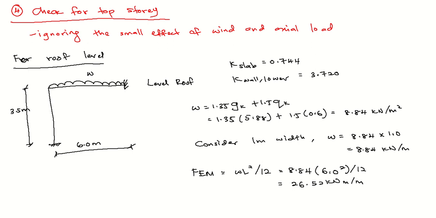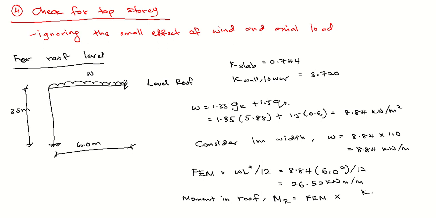Next, normally we will distribute the moment, right? For the moment distribution, moment in roof equals to the FEM times the K for wall. For this case, we have just the wall lower, right?